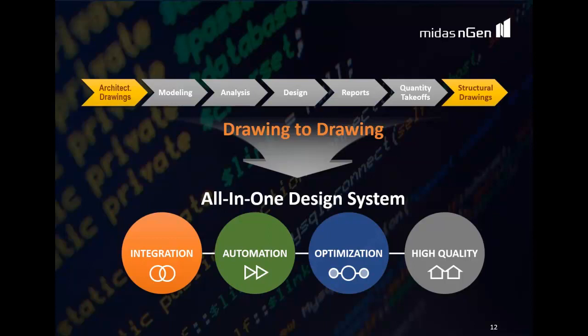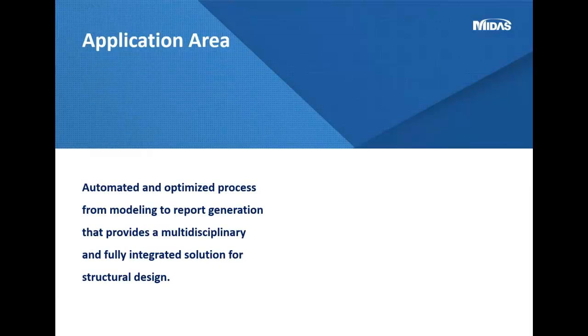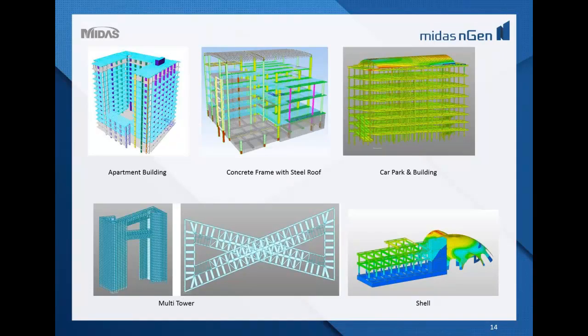Now let us look into its application areas. With its optimized and automated features from modeling to report generation, you can get a multidisciplinary and fully integrated solution for structural design. So what can you do with MIDAS nGen? Well, these are some applications.